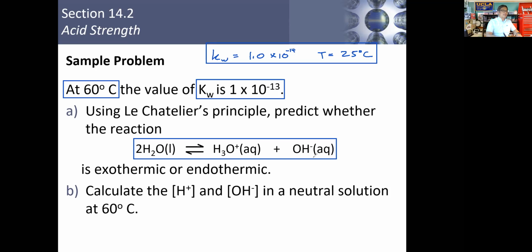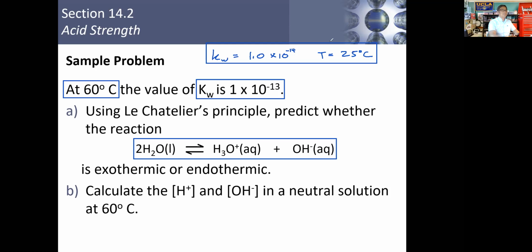Let's write down the law of mass action for kW first, and then we'll use that to answer this question.